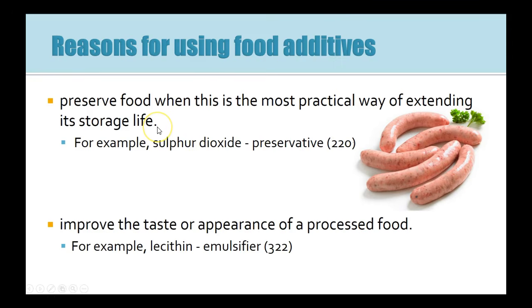So sulfur dioxide is often added to meat products such as sausage meat to prevent bugs from causing food poisoning. Another reason is to improve the taste or appearance of a processed food. So lecithin, which is an emulsifier, will actually help margarine to maintain its texture rather than separate.